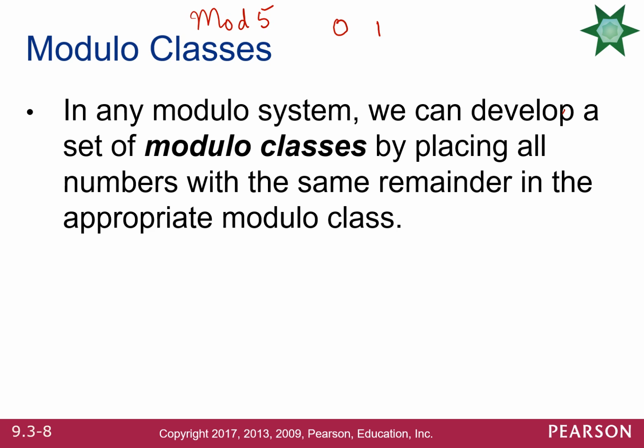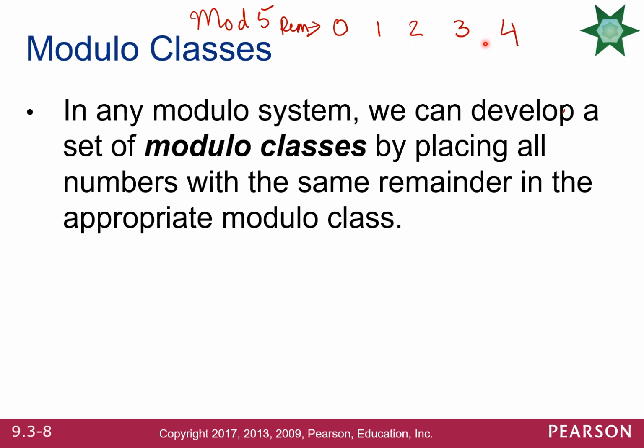So the possible remainders would be 0, 1, 2, 3, and 4, correct? These are the remainders on the top row, and below these values we can group the different integer values which when divided by 5 would have a 0 for a remainder, or a 1, or a 2, and so on.